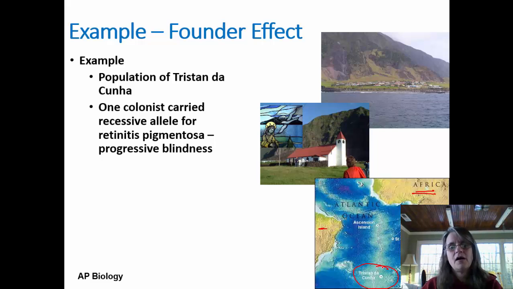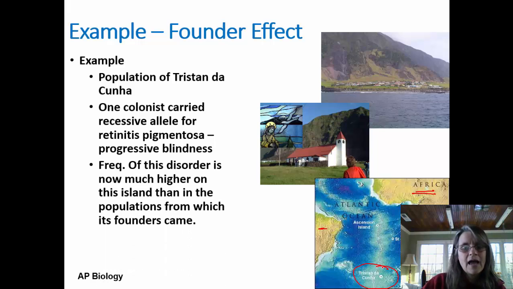But one of the colonists that came to the island happened to have a gene for a reasonably rare disease which causes blindness in people. And now, because of that one colonist that happened to come over and colonize the small island, for all the descendants of this island, this disorder occurs much more frequently among the people of this island than anywhere else in the world, or certainly than in the original mainland population where these people came from.